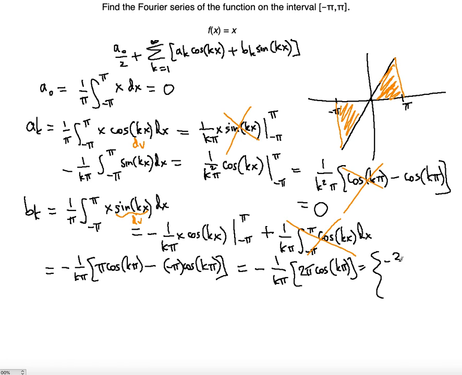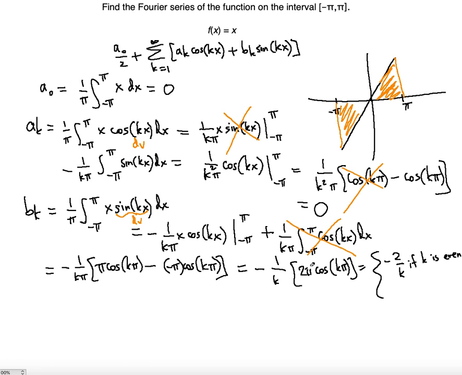This is going to be equal to negative 2 over k if k is even. How do I know that? If k is 0, cosine of 0 is 1, 1 times 2 pi is 2 pi. Oh, I made a mistake. I forgot to cancel out the pi's.